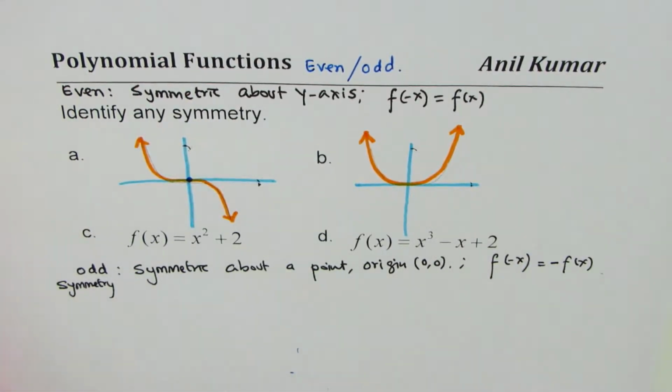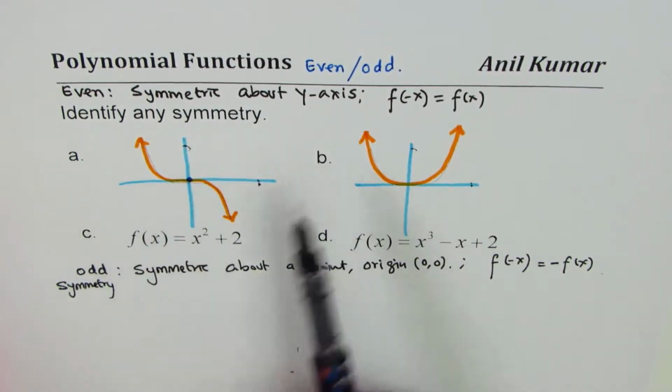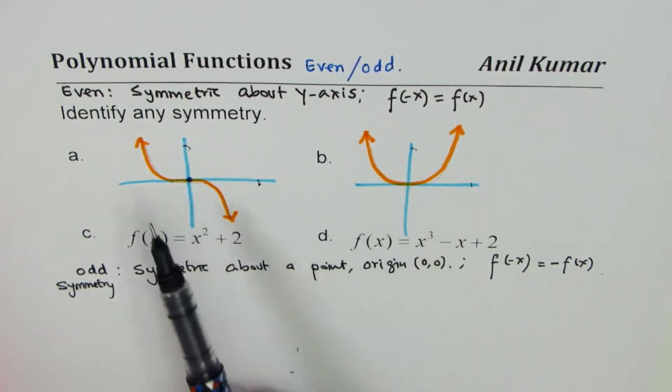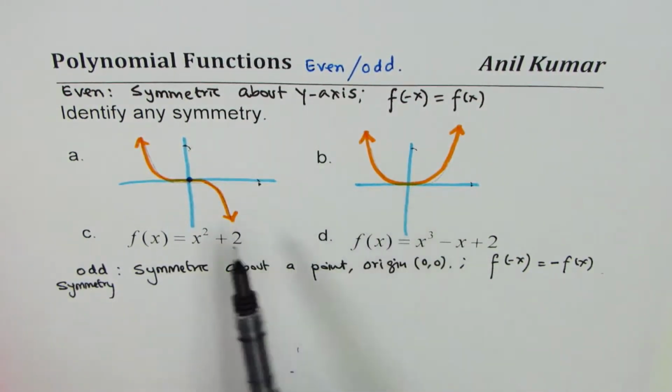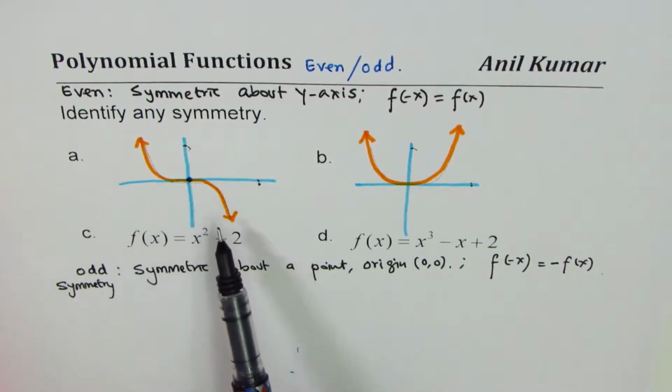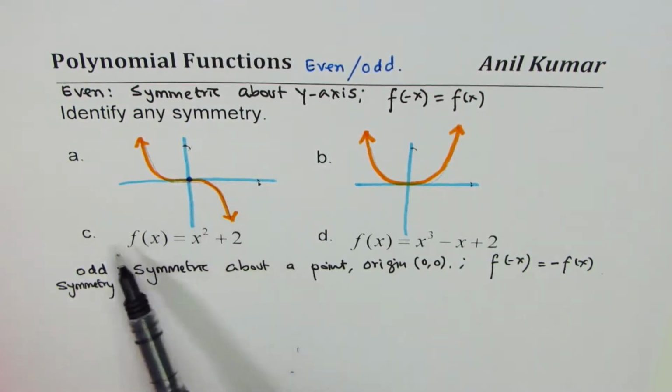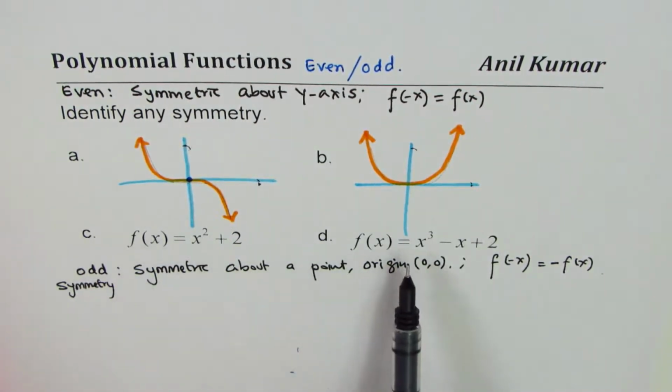Now based on this definition, the question for you is, we are given two graphs, A and B. Explain if they have any symmetry. These graphs are of polynomials, as you can see, continuous curves without corners. For C and D, we are giving you two equations.